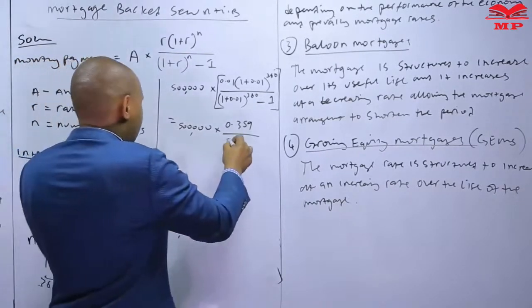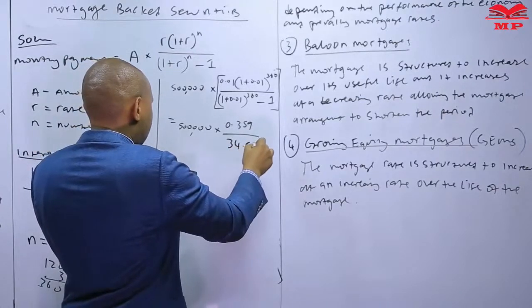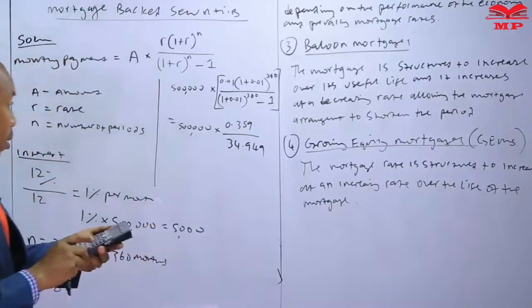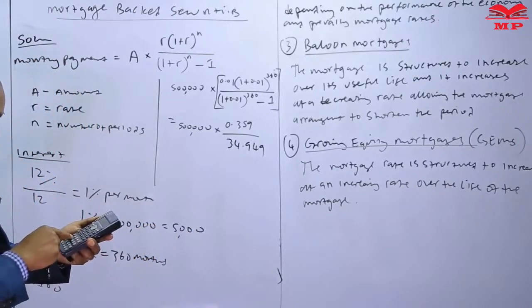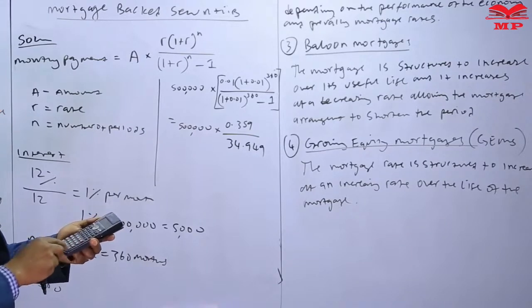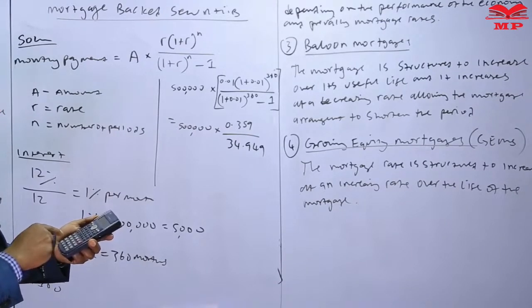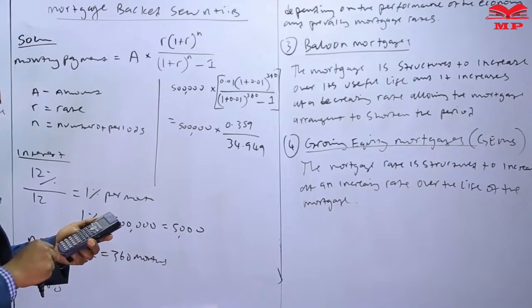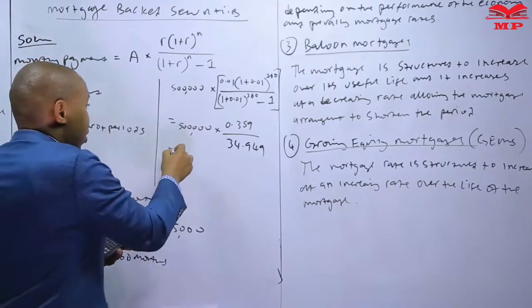So we have 34.949. So you work out that 0.359 divided by 34.949, 0.01.